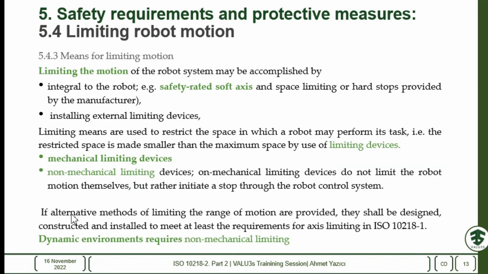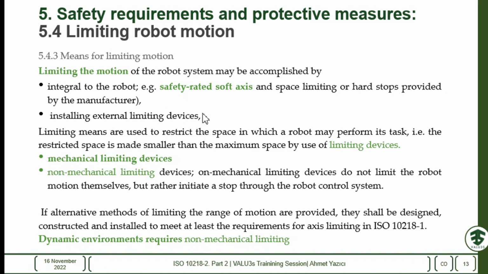So what is the meaning of limiting motion? The limiting of motion of the robot system can be accomplished by means integral to the robot: safety-rated soft axis or space limiting, or some hard stops provided by manufacturers, or by installing some external limiting devices.